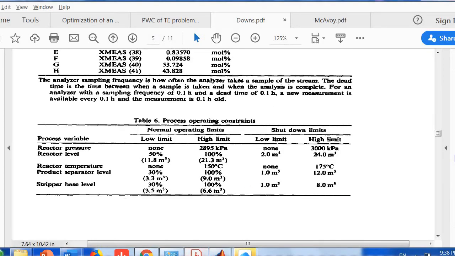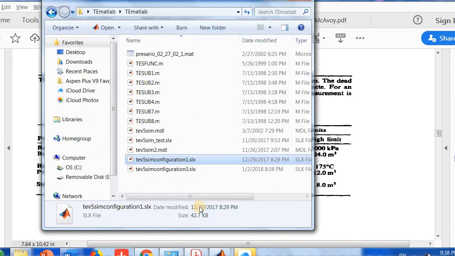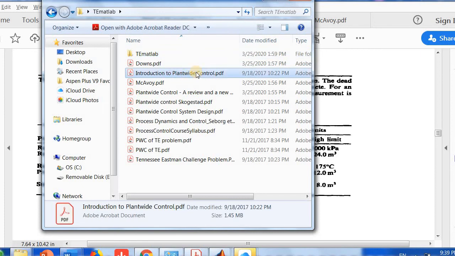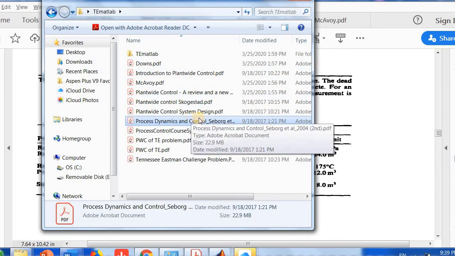By the way, in the file that I have supplied to you, there is an introduction to Plantwide control, a review and a new procedure. It's really good. Also, Process Dynamics and Control. Go to chapter, I think number 10, which is plant design control.